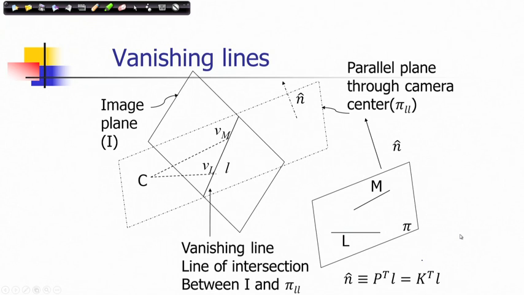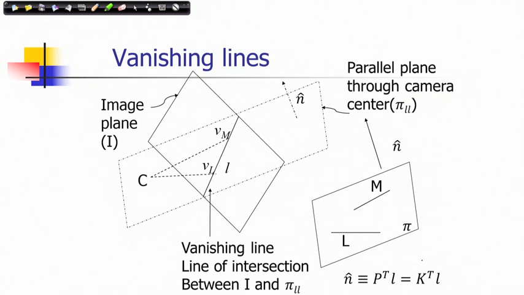So, this is the interpretation. From this we can also compute the normal of the plane, because if you know the vanishing line, then I can compute the corresponding plane itself by using the same transformation P transpose L, and that would give me the normal to the direction of the plane for which this line is the vanishing line.